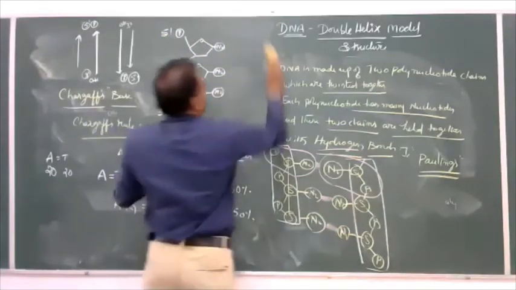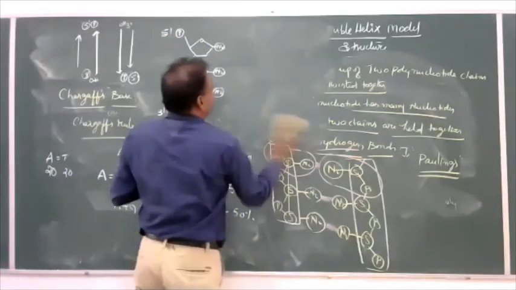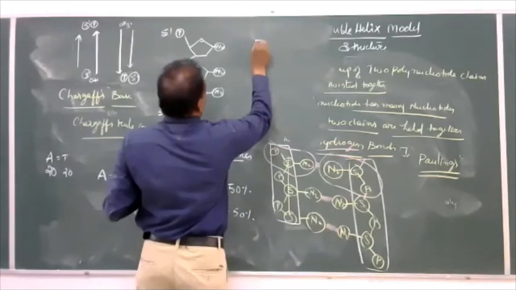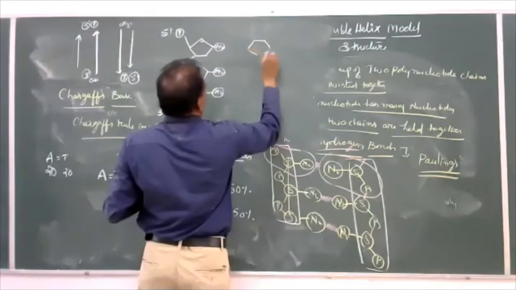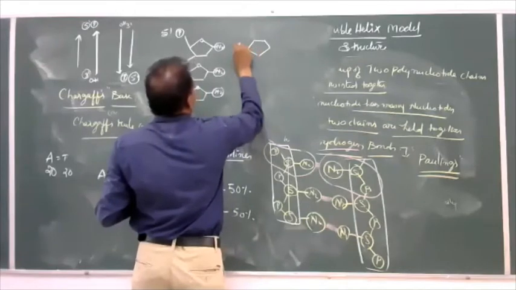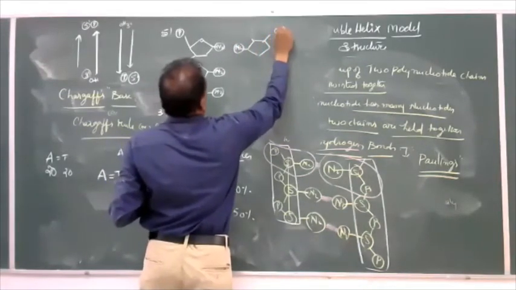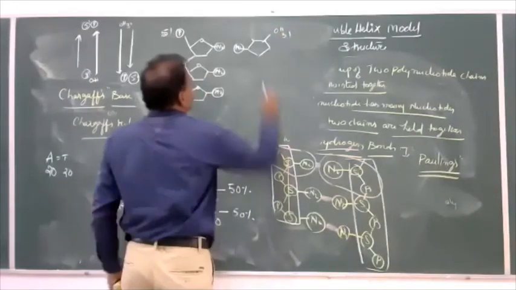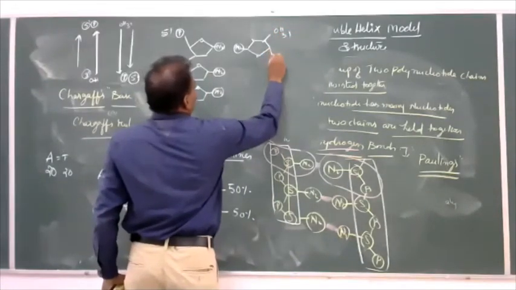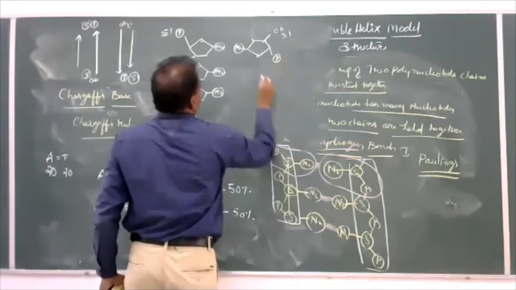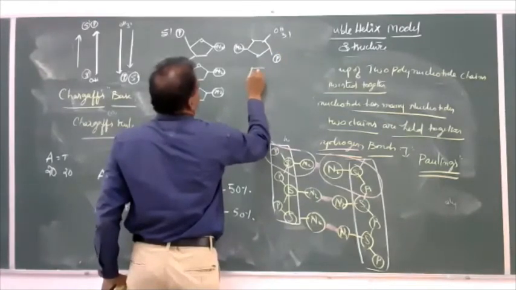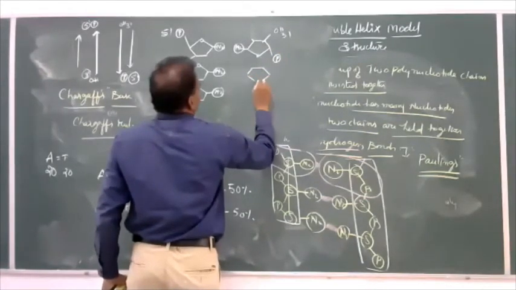It should be like this. First N2 base, second, third carbon atom OH group 3 prime, fourth, fifth, phosphate group attached to the other nucleotide.